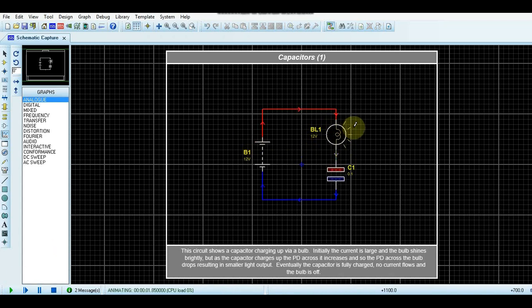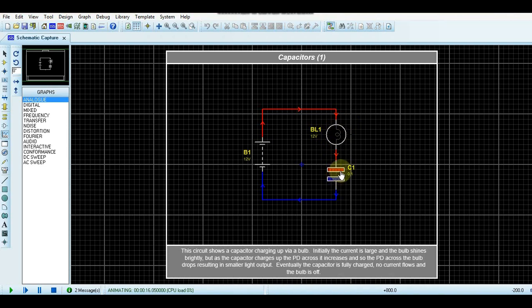Initially you can see it shines more, then reduces, and this capacitor keeps on charging. Once this capacitor is fully charged, you can see there is no current flowing through the bulb, and now this bulb is not shining.